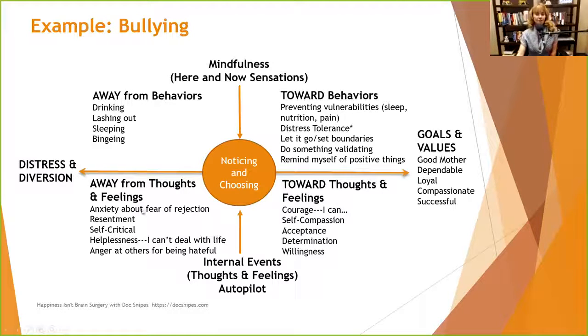What are your feelings when somebody bullies you? They could be anxiety and fear about rejection, resentment, being self-critical, saying you really should be a better person or whatever it is. Feeling helpless. You can't deal with life because you can't control everybody else in the world. And possibly anger at others for just being mean.